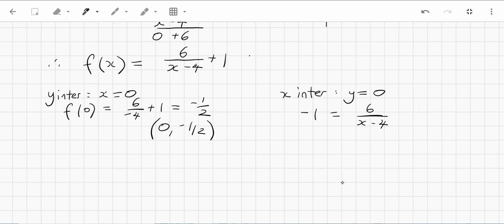In one shot, I will multiply the x minus 4 across and divide the negative 1 underneath. So I get x minus 4 is equal to negative 6, which then gives me x equals negative 2. Negative 2 and 0.